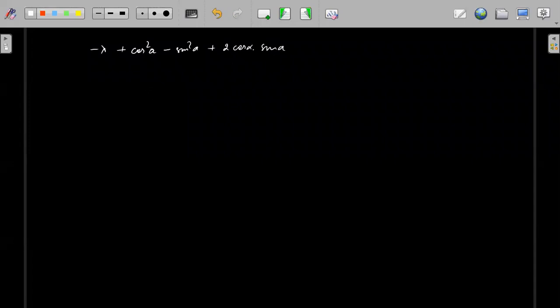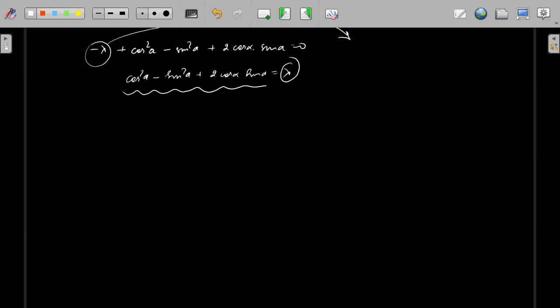Now to find the range of lambda, this is equal to 0, so I can bring this lambda on the other side. So cos square alpha minus sine square alpha plus 2 cos alpha sine alpha is equal to lambda, right? Why will there be a limitation to lambda? Because lambda is equal to a trigonometric function.